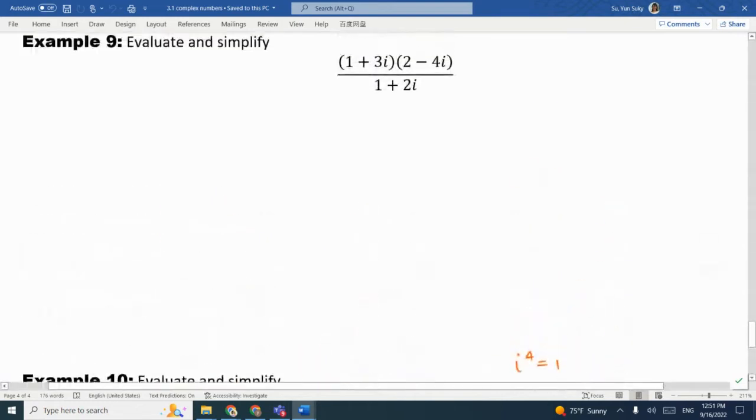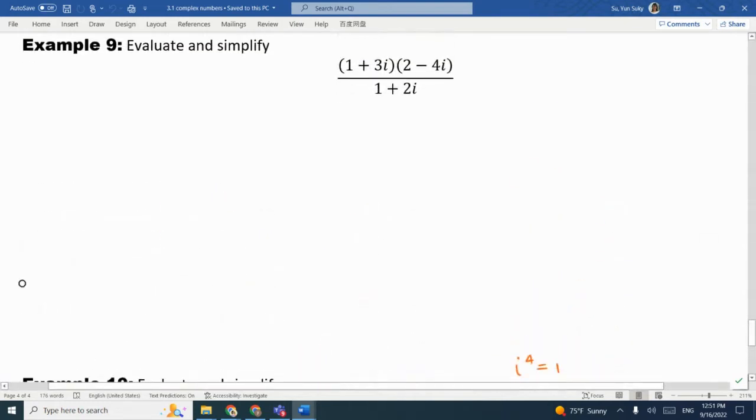And we still have one example that we haven't finished. So let's look at example 9. So here we have the denominator. Okay, so first of all, let's simplify the numerator.